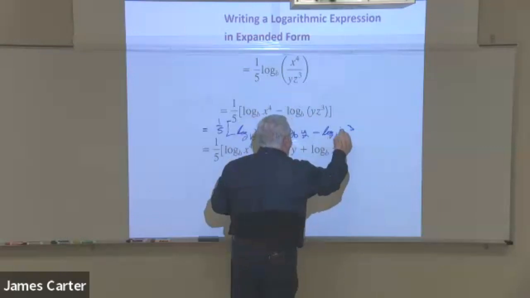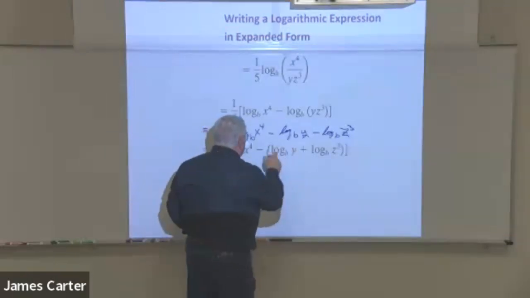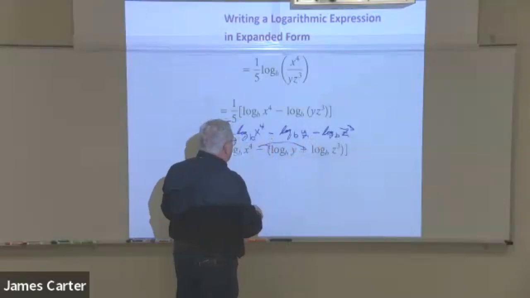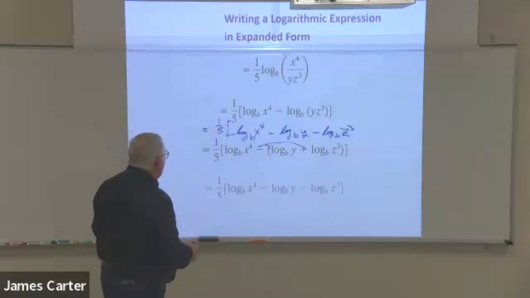That's a z. Now that's what I would encourage you to do rather than this. In this case, you're going to have to distribute that to both places, and we'll end up with this ultimately anyway. So let's continue on.